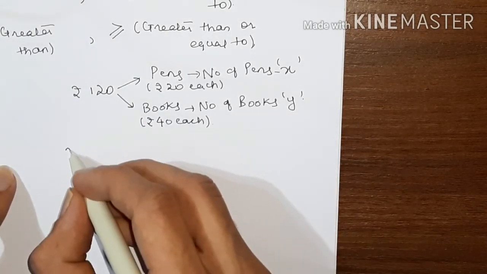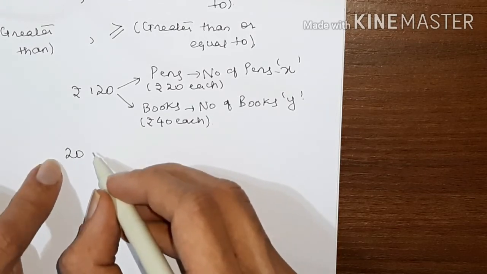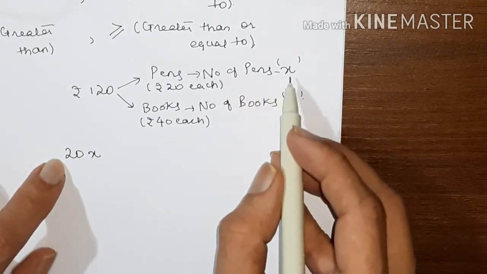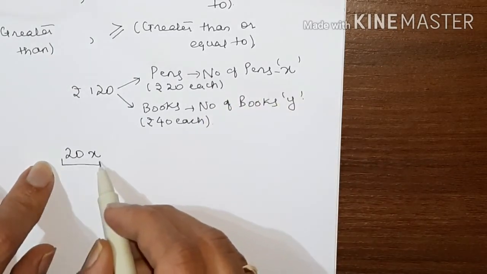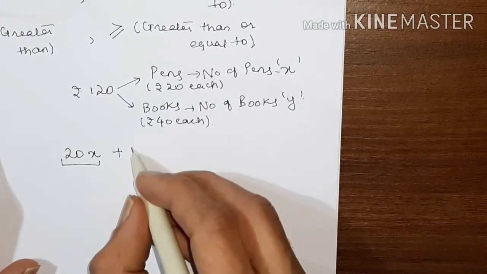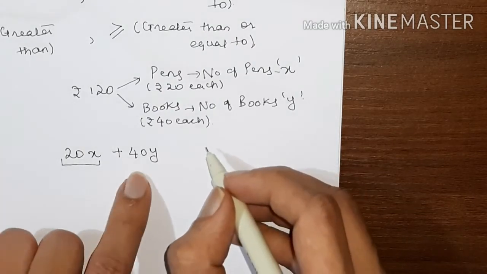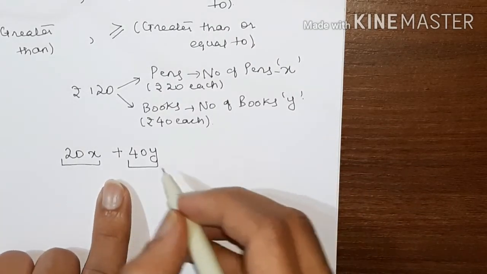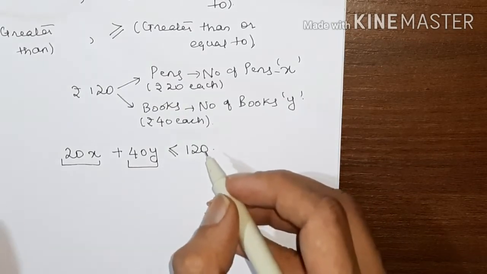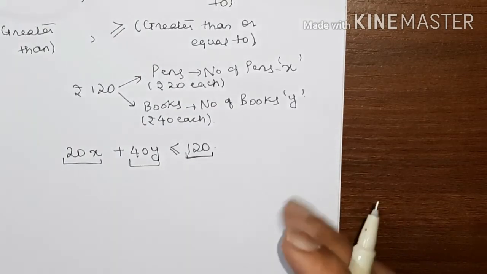The amount spent on pens will be 20x, since the number of pens is x, plus the amount spent on the books, which will be 40y. And this total amount is less than or equal to 120, because you have only 120 rupees with you.